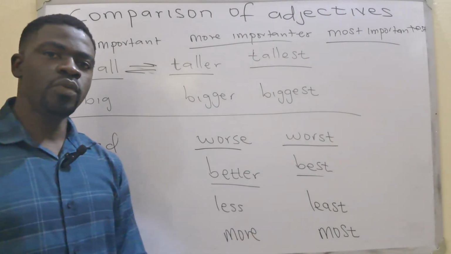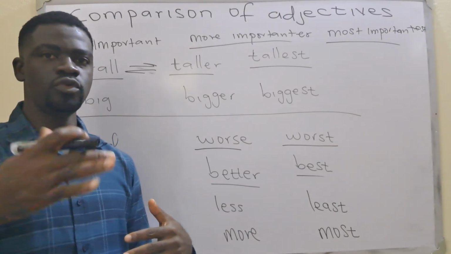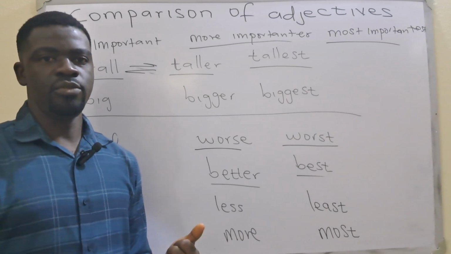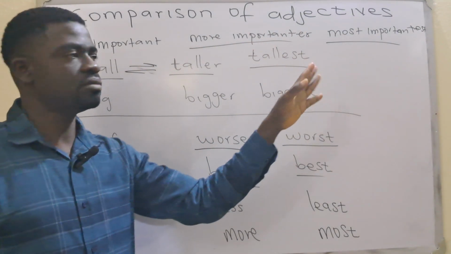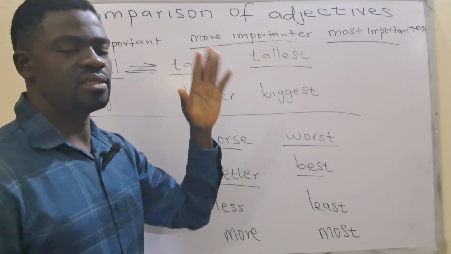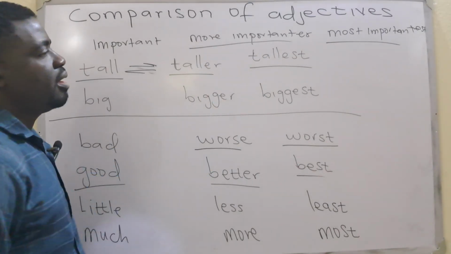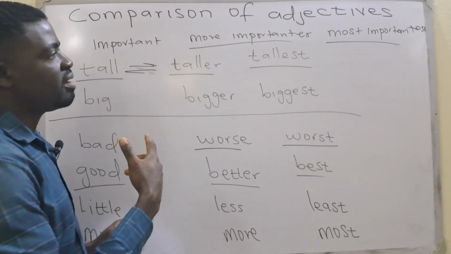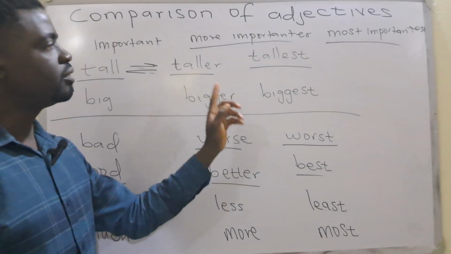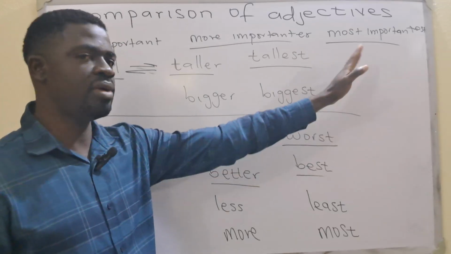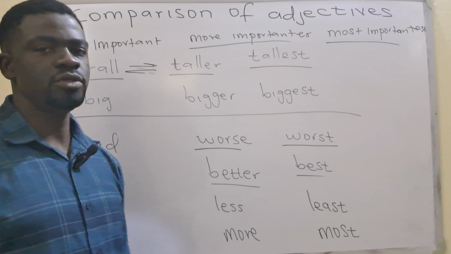Remember, a syllable is simply the segments that you can pronounce in a word. Important has 3 syllables, so it has more than 2 syllables. So instead, you use more and most to indicate that.